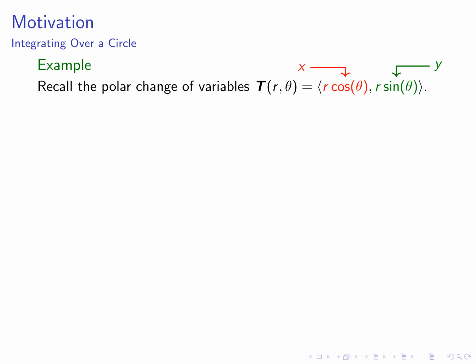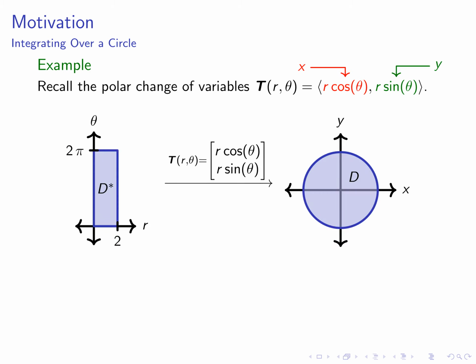The polar coordinate system makes working with circles much easier. So we were just studying a circle centered at the origin of radius 2. From the polar coordinate perspective, the angles in this region, the angles made with the positive x-axis, range from 0 to 2 pi, and the radii throughout this region range from 0 to 2.